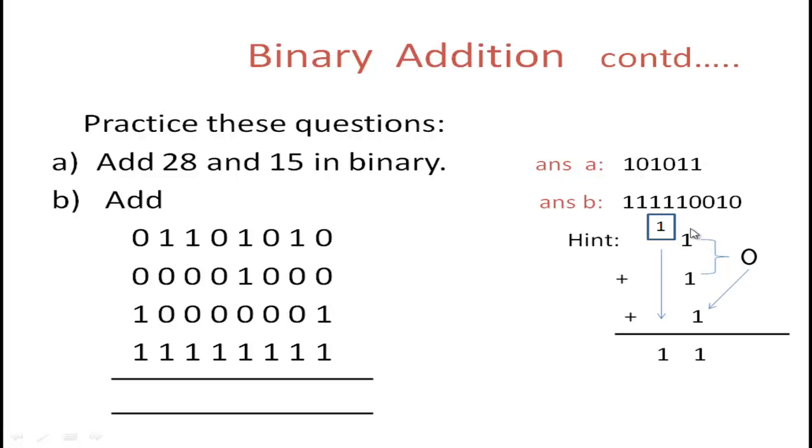Earlier you have seen in the rule table that 1 plus 1 is equal to 0 with carry 1, but if another 1 is given, then you first do like this: 1 plus 1 is equal to 0 and carry moves here, then this 0 is added to this one, it will be 0 plus 1 equal to 1, and then this carry comes down, it is 11. So the addition of 1, 1 and 1 will result in binary 11.